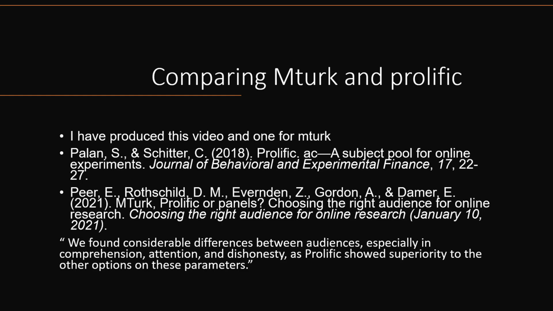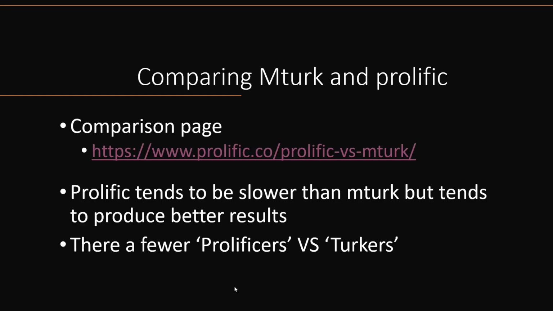I think they compared Qualtrics panels and Amazon MTurk, and they found that with Qualtrics panels or MTurk, participants were more likely to lie, less likely to be paying attention, and less likely to show high levels of comprehension, which they argued are the core principles of what we want from participants.